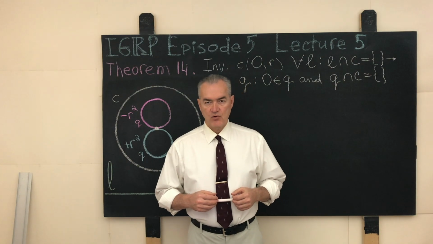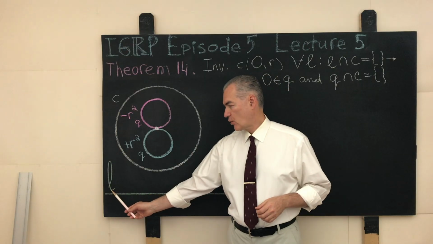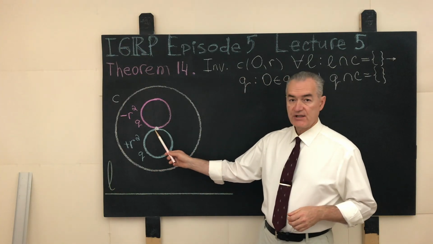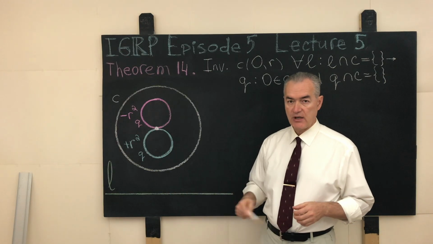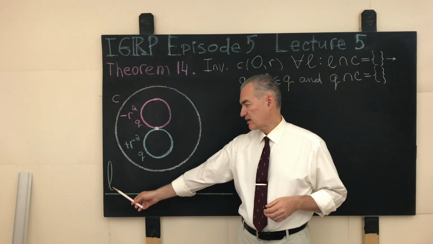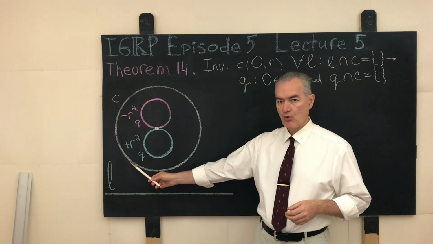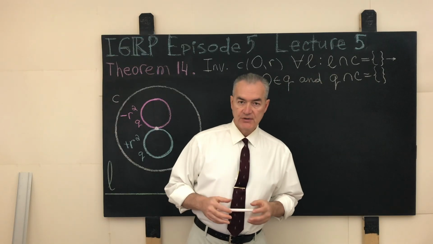In the final theorem of this lecture, we move our favorite straight line, L, away from both the center of inversion and the circle of inversion in such a way that the two objects of interest, a given straight line L and a given circle of inversion C, have precisely 0 points in common.